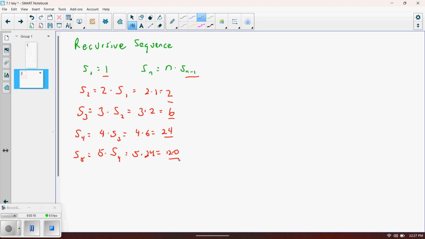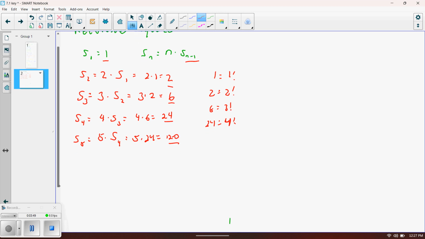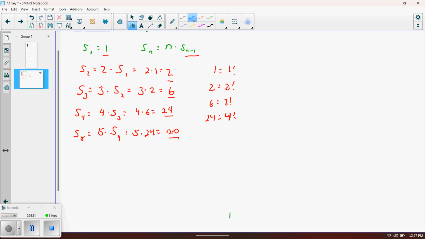And again, you would just kind of have to recognize that 1 is 1 factorial, 2 is 2 factorial, 6 is 3 factorial, because remember it's 3 times 2 times 1, and then 24 is 4 factorial, because that is 4 times 3 times 2 times 1, and so on. 120 is 5 factorial, and so on. So it's good to start recognizing when you see that pattern of 1, 2, 6, 24, 120, that's a factorial pattern. It does help. Probably one of the most famous recursive sequences is the one that looks like this.